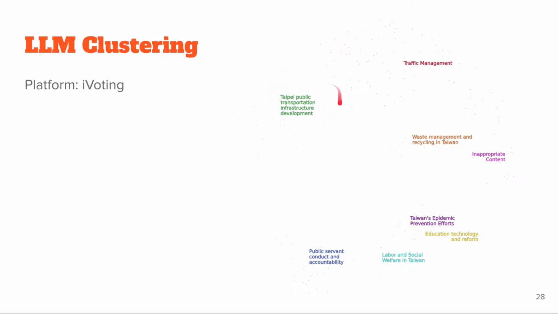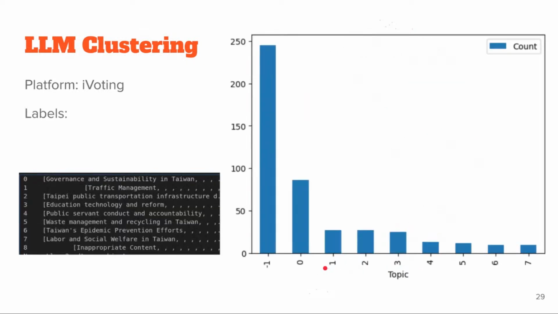You can see Taipei public transportation, traffic management, waste management and recycling, Taiwan's epidemic prevention reports, education, labor and social welfare, and public servant conduct and accountability. And this is again the histogram for those topics. So basically, this is government and sustainability in Taiwan, traffic management, then Taipei public transportation, education, and so on.